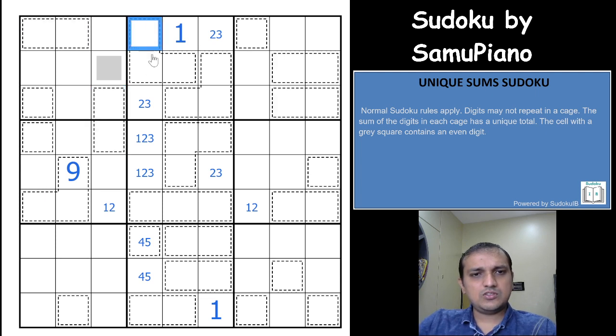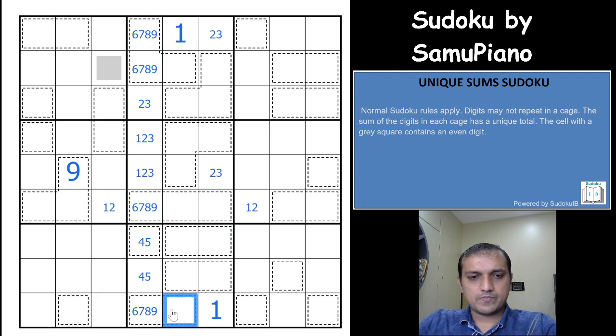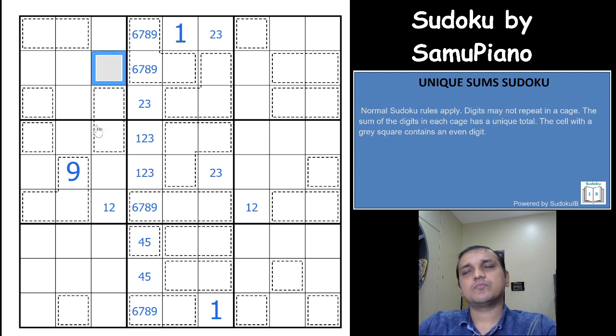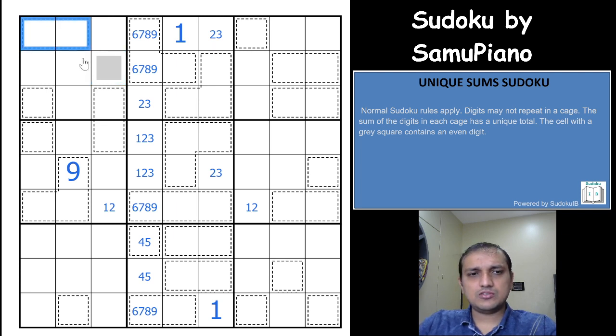So there is nothing but 6, 7, 8 and 9. So 17, 16, 15 and 14 are the sum cages for 2 cell cages.